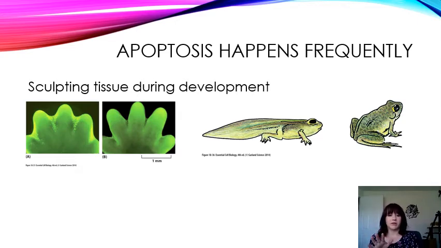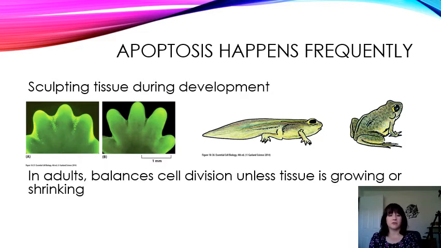So originally we have more like mitts, and then the cells in between where the fingers are going to be undergo apoptosis to allow us to have separate individual fingers. And the same thing happens during development in frogs when the tadpole needs to lose its tail. That is by apoptosis. So apoptosis is not always bad.